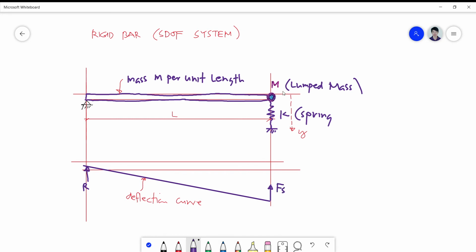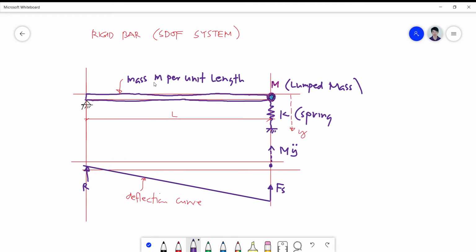And also, since it's a lump mass, there is a reverse effective force equivalent to the mass times the acceleration. The acceleration is represented by y double dot, because this is a displacement. You take the second derivative of y, so that this becomes mass times acceleration, and this is concentrated at this point only.